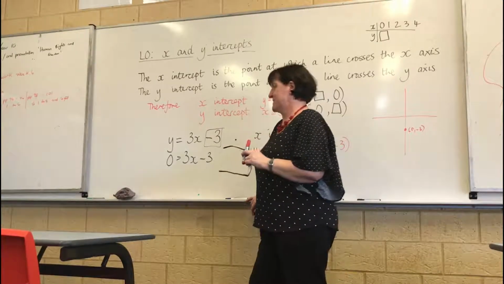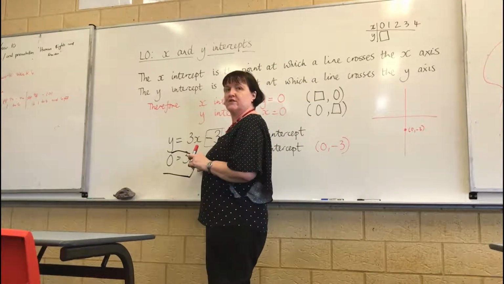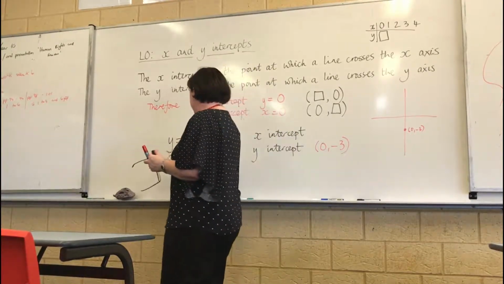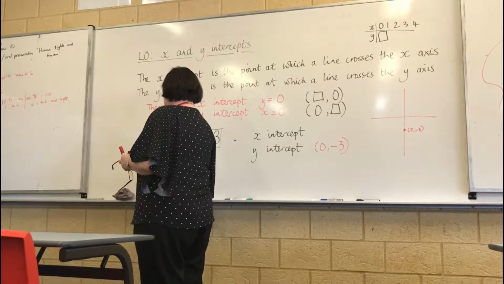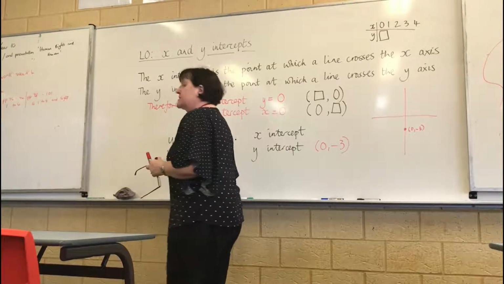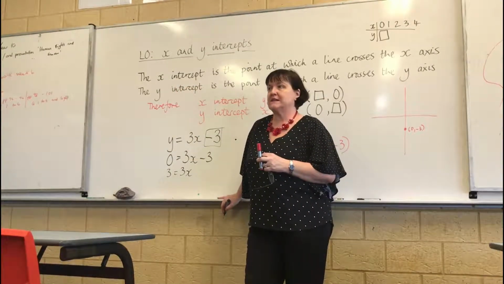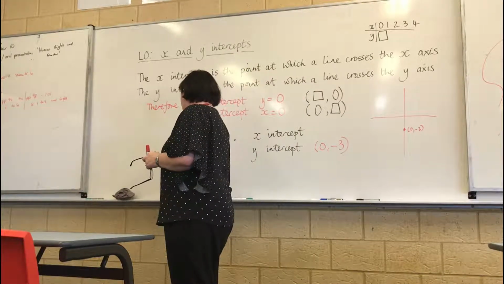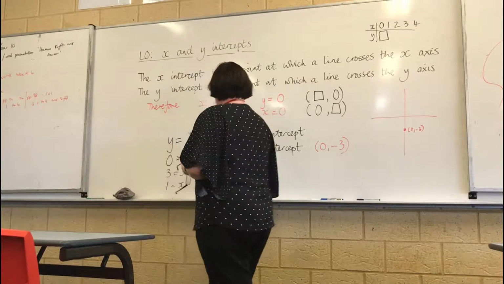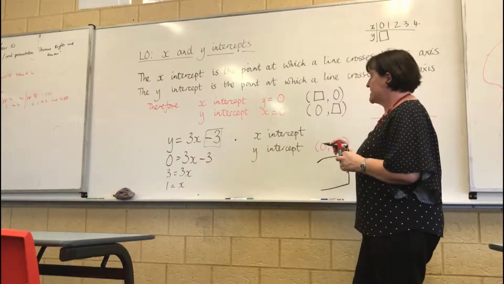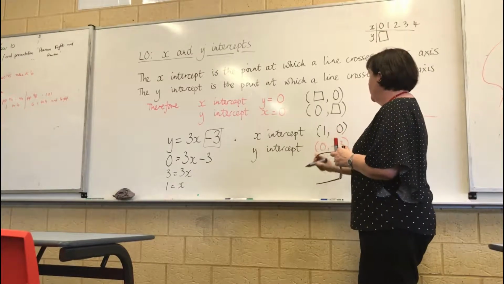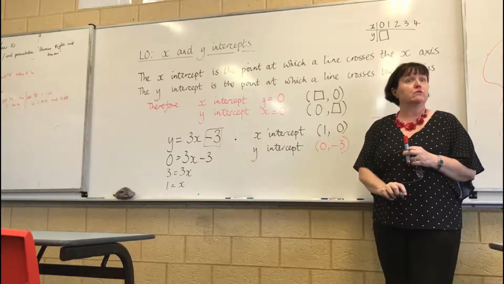Add 3 to both sides. Yes. We need to get rid of the constant, and so we do the inverse. So we add 3 to both sides. So 3 equals 3x. Now what do I need to do? Yeah, divide both sides by 3. So 1 equals x. So in the x-intercept, where y equals 0, our x-coordinate is 1.